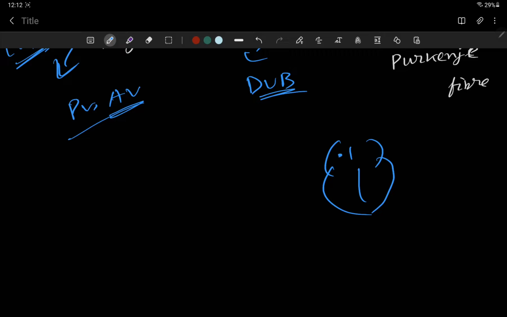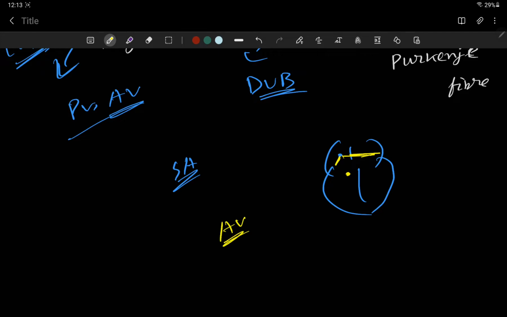there is a node here that is called sinoatrial node or SA node, that is producing the beating of the heart. This beating helps in pumping both atria. From this SA node the beats will go to here. This is called AV node or atrioventricular node.